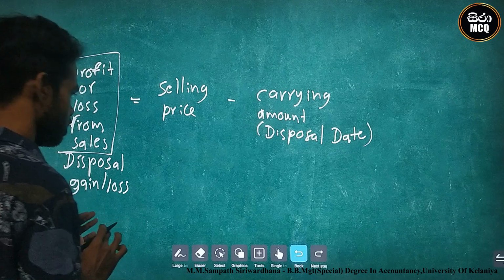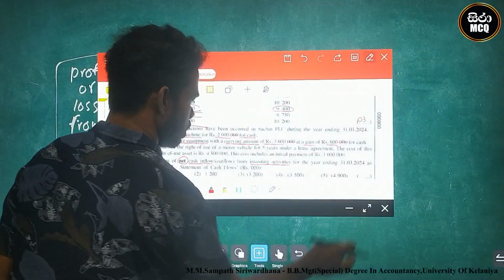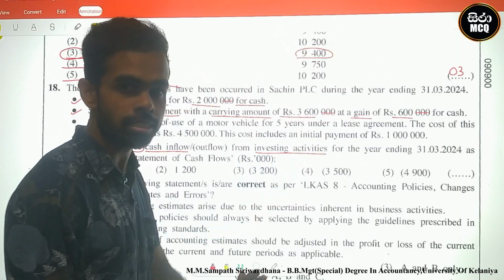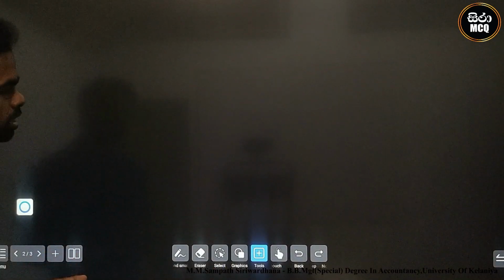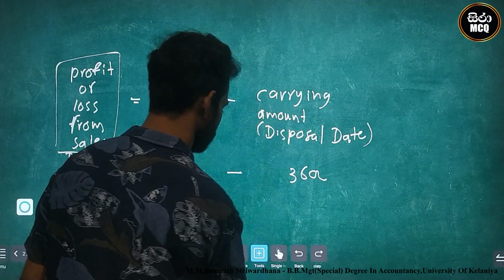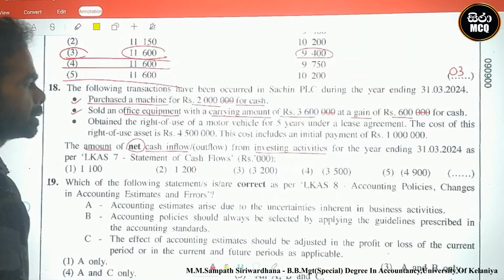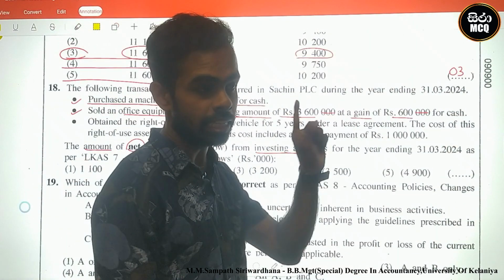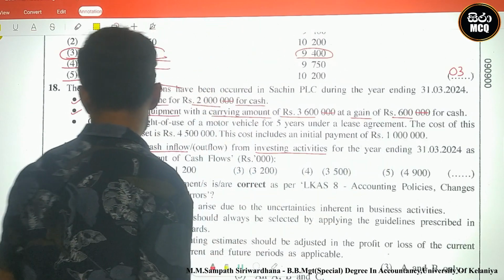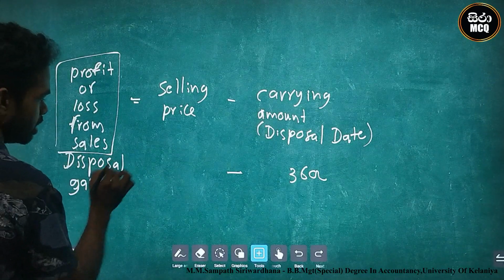There is some information supplied by the question. Look here, they said sold office equipment with carrying amount 3,600. Therefore the carrying amount was 3600. Next one, add the gain. Gain means profit, a gain of 600.